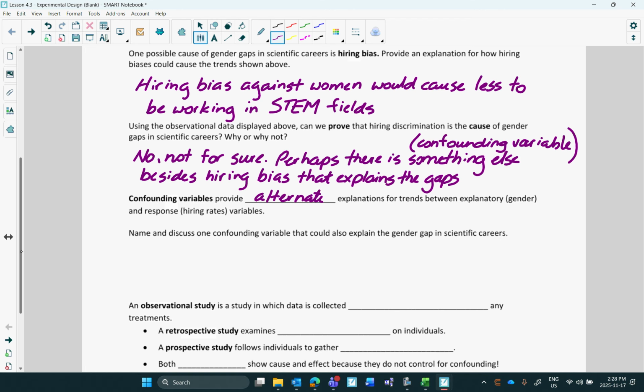Yep. Education, like the hiring gap at the university. Yeah, you're right. Because there's still this mythical belief out there that men do STEM fields, women don't. It's a very outdated belief, and it should have never existed in the first place. But it's there.